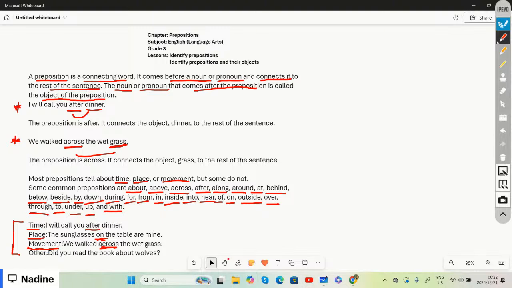Yes, well done. Across is our preposition. And that is the movement, right?